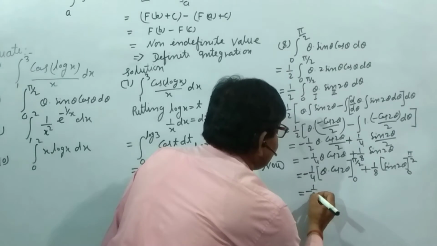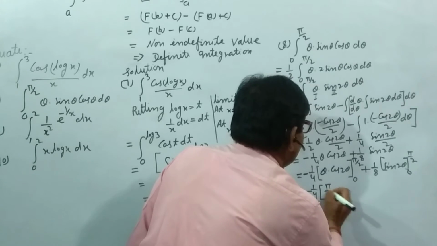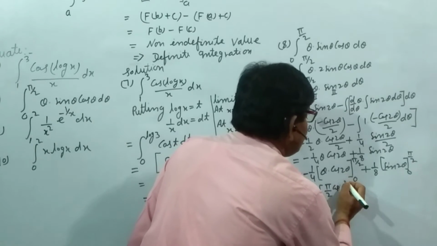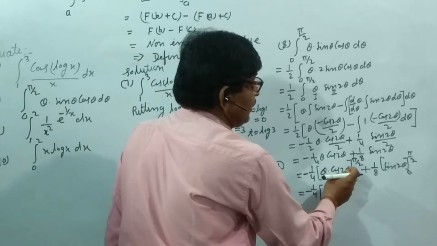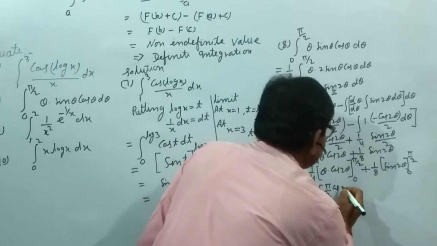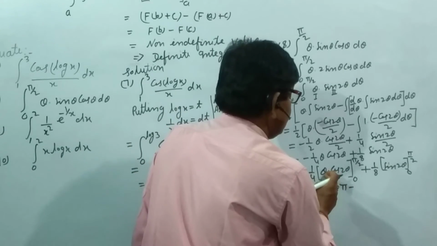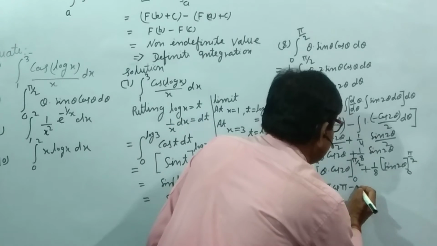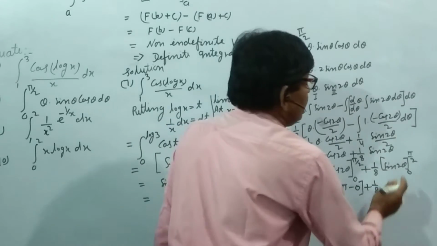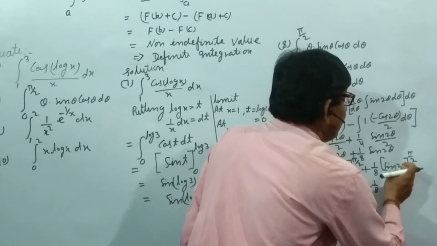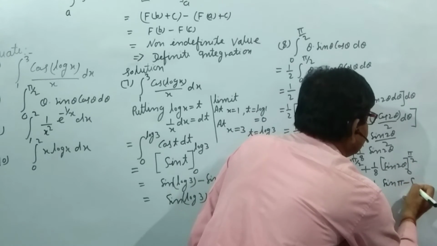Now putting minus 1 by 4 here, theta equal to pi by 2, cos 2 times pi by 2 gives cos pi, minus, putting theta equal to 0, this will be 0, plus 1 by 8, sin 2 times pi by 2 gives sin pi, minus sin 0.